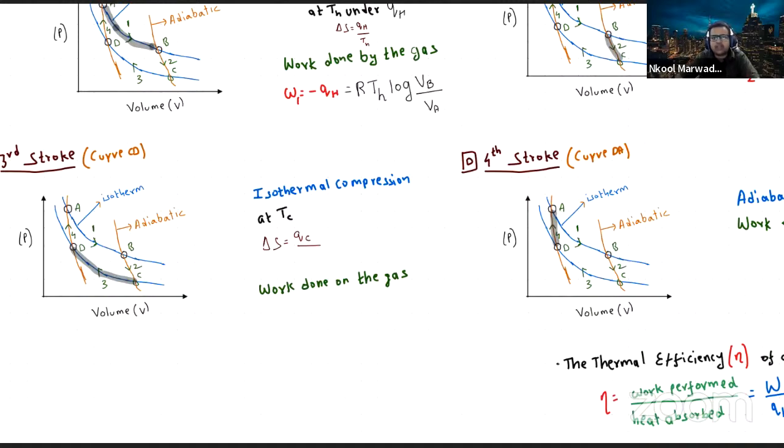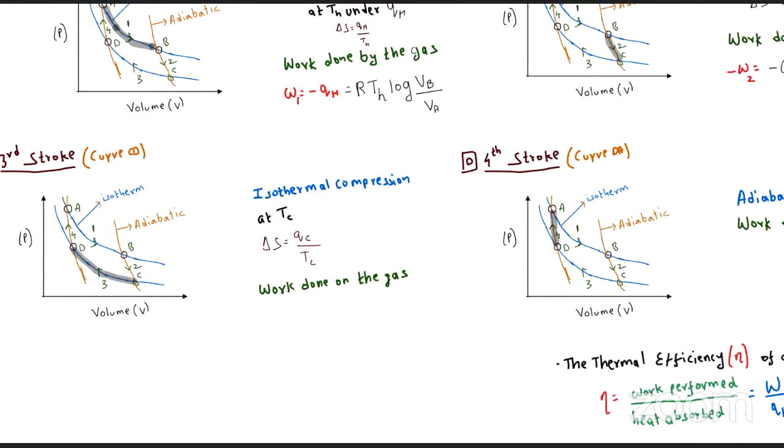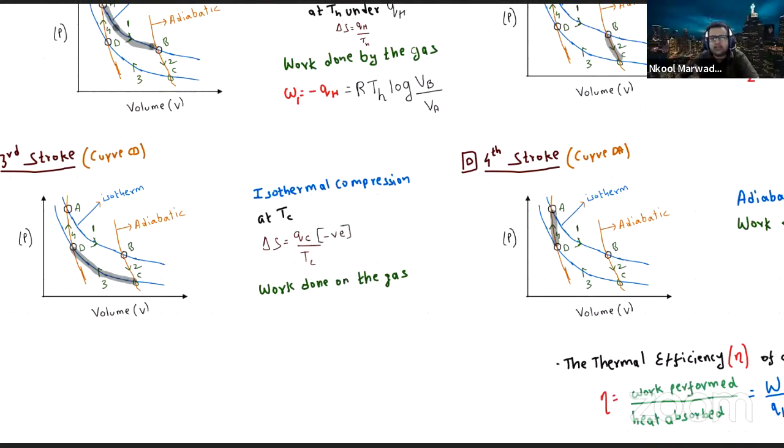Or you can say that QC is the energy lost by the gas particles. And since QC is the energy lost by the gas particles to the cold sink, it will be negative. Loss of energy is negative, gaining of heat energy is always positive. So this is very good.